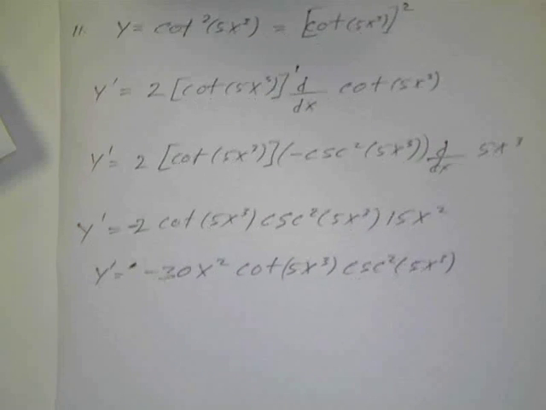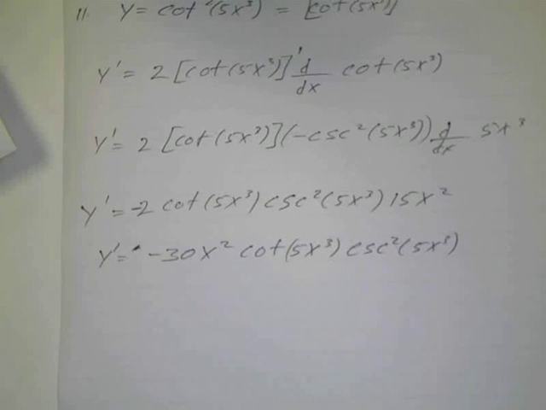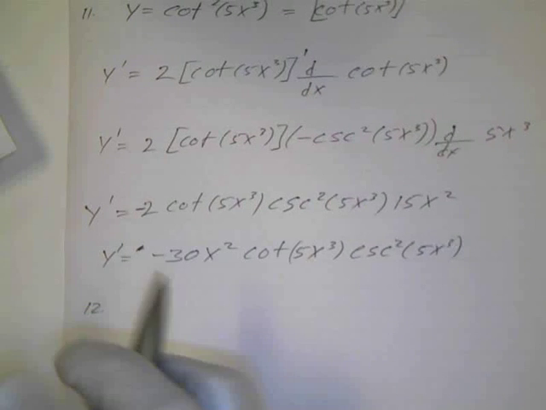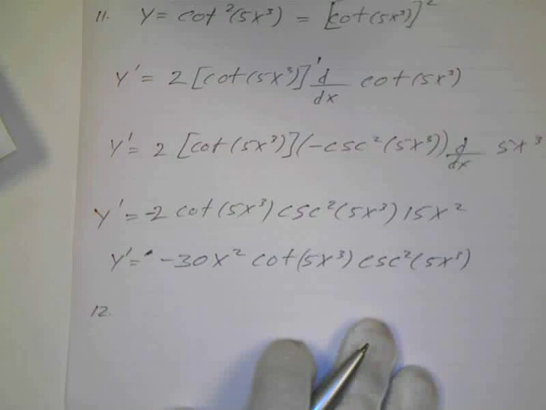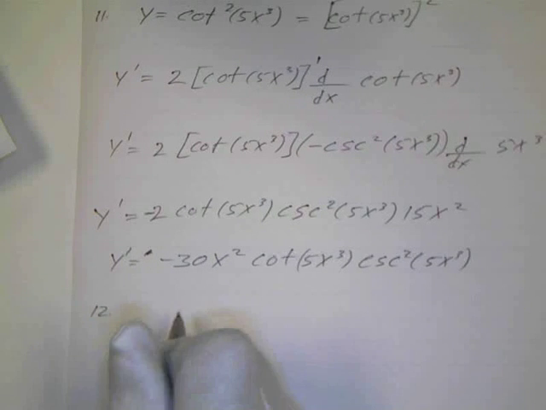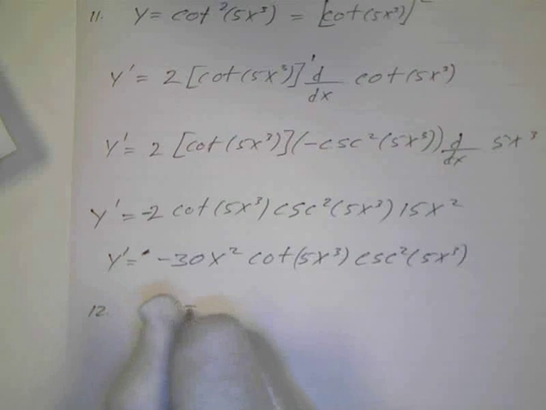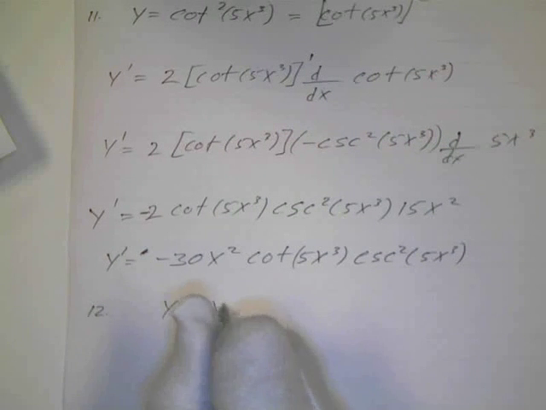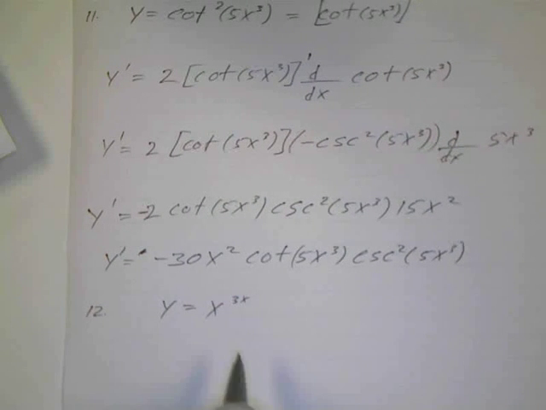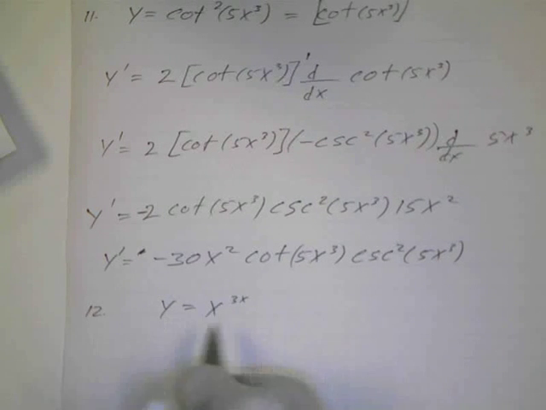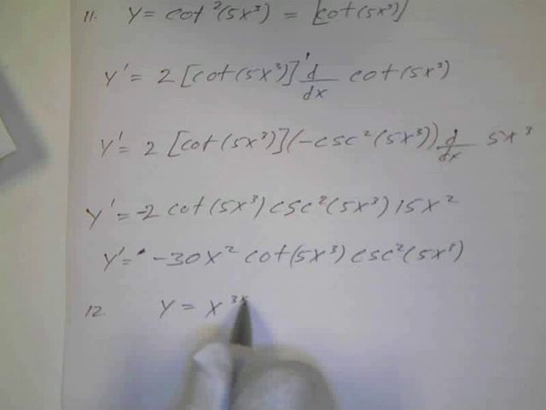Okay, let's take a look at number 12. That was number 11, and number 12, as I look at this, I want to take the derivative of y equals x to the 3x. Now we can't use the power rule because the exponent has to be a real number. It can't be a variable.